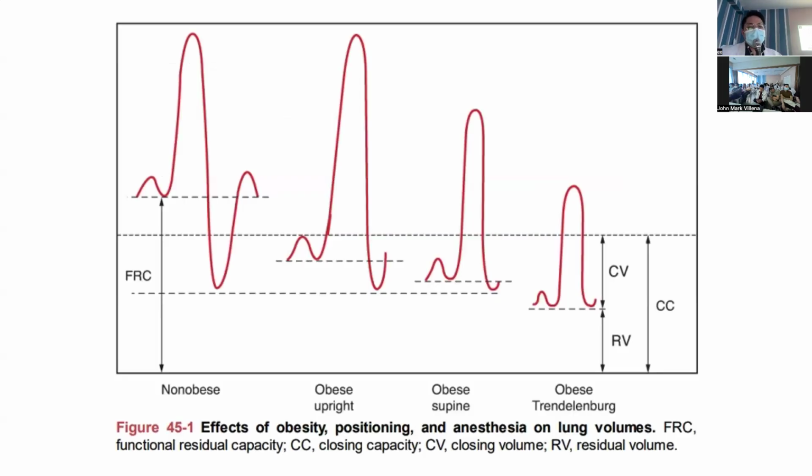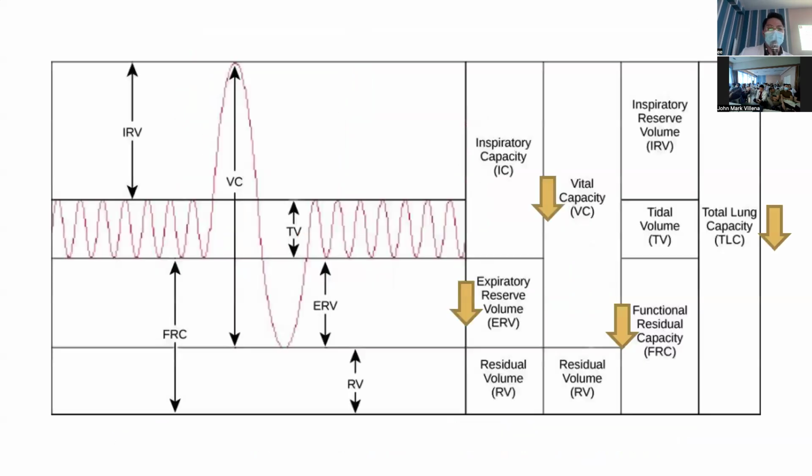These are the effects of obesity, positioning, and anesthesia on lung volumes. Anesthesia and supine positioning worsen this situation such that there is up to a 50% reduction in FRC in the anesthetized obese patient, compared with 20% in the non-obese individual.